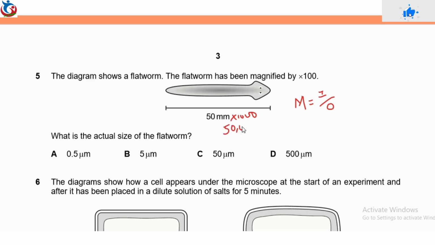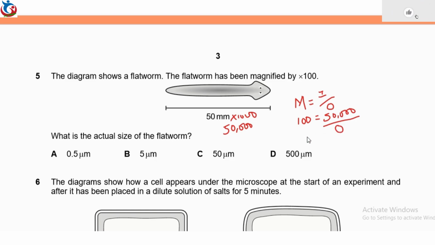50,000. So our magnification here is 100, which is equal to the image size, 50,000, over the actual size, which is the object size, which we don't know.